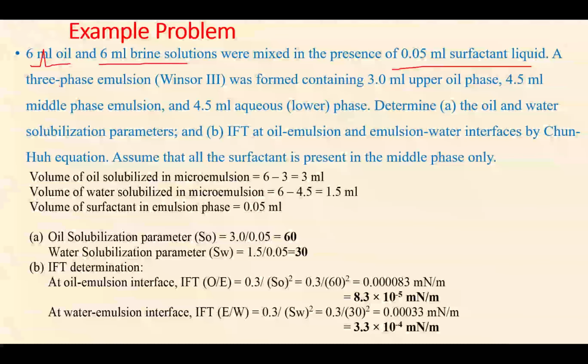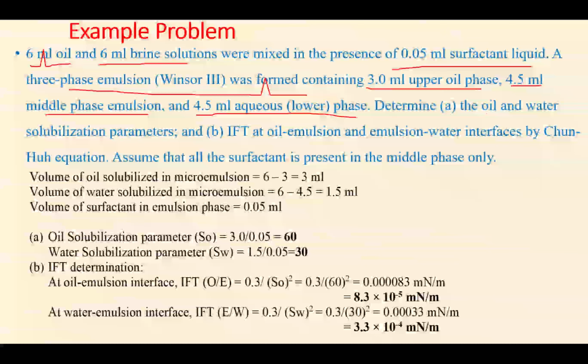A three-phase microemulsion forms, with 3 ml as the upper oil phase, 4.5 ml as the middle phase microemulsion, and 4.5 ml as the lower water phase. So determine the two IFT values.